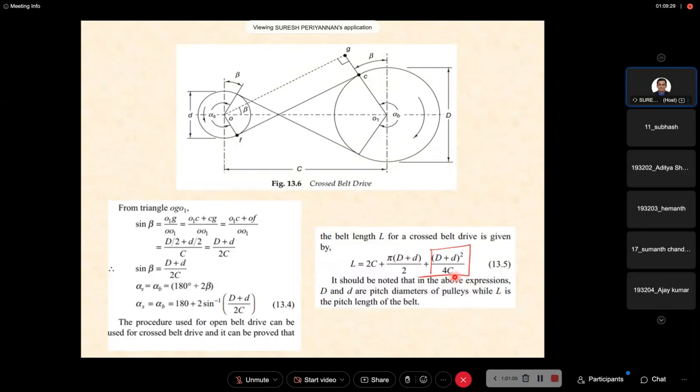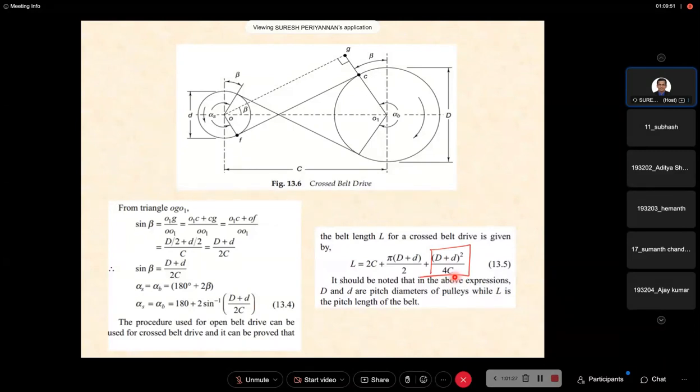If we want to transmit the power in the opposite direction from the driving pulley to the driven pulley, then we have to go for cross belt design. Then in the cross belt design, we have to find out the length of the belt. Then we can buy the belt in straight form and connect it.